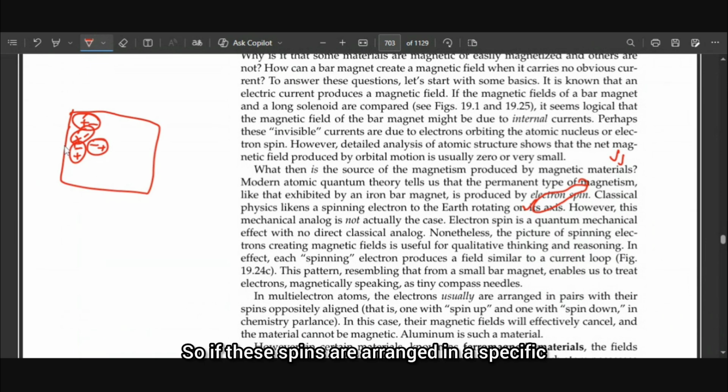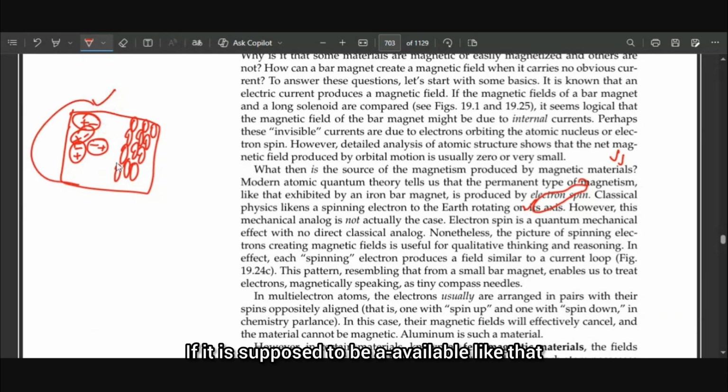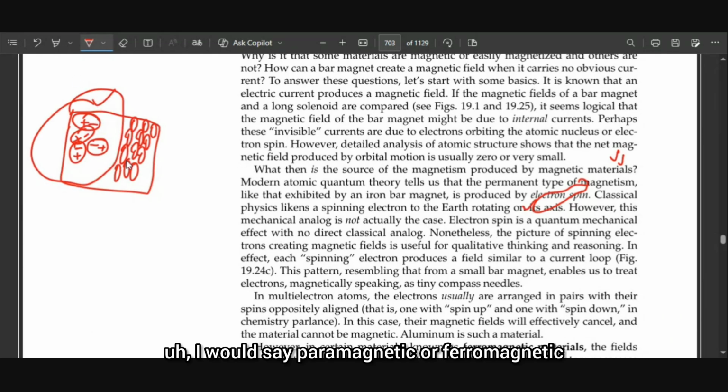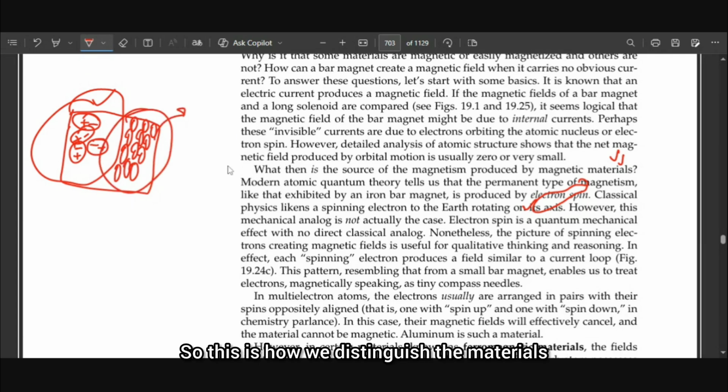If these spins are arranged in a specific manner like that, the material is supposed to be magnetic. If it is like that, the material is known as paramagnetic or ferromagnetic, whereas like that, I will call diamagnetic. This is how we distinguish the materials.